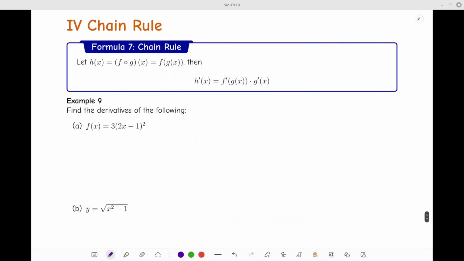And finally, we have the chain rule. So we talked about adding, subtracting, multiplying, and dividing, but remember, when you're talking about functions, there's a third operation called composition. So if h of x is the composition of f and g, also written as f of g of x, then h prime of x is f prime evaluated at g of x times g prime of x.